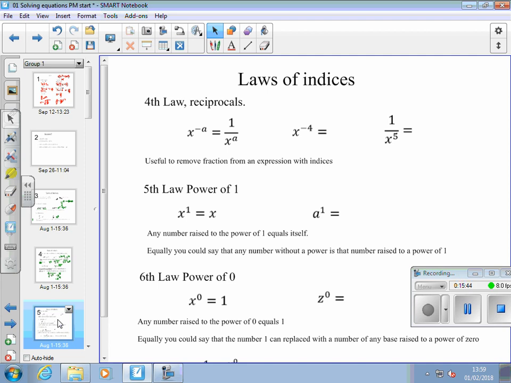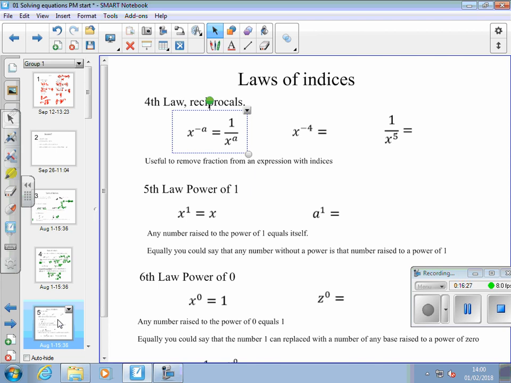Reciprocals. x to the minus a can be written as 1 over x to the plus a. So effectively, when we get a reciprocal like this, 1 over x to the a, we can bring the x to the top of the fraction, but we have to change the sign of the index. Now that is useful also in calculus.